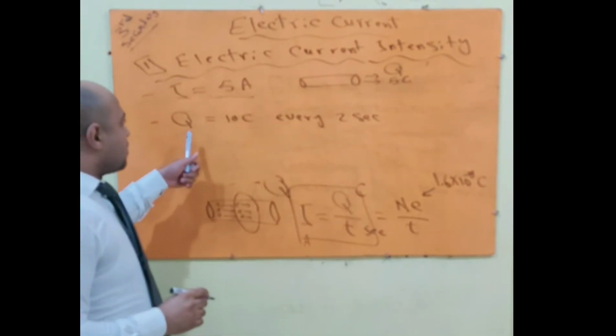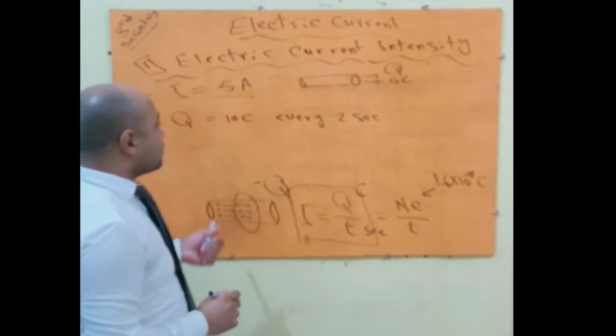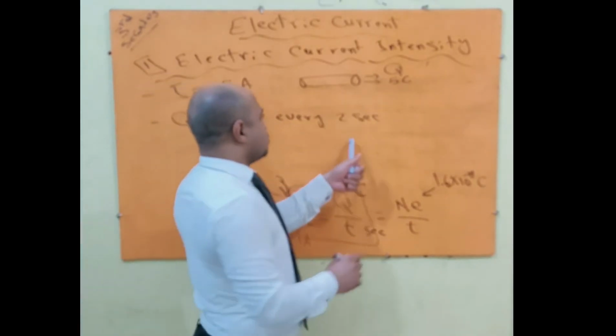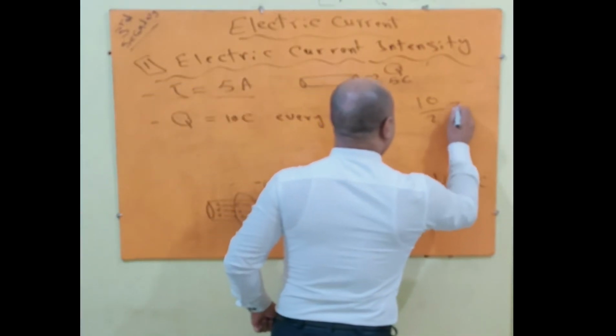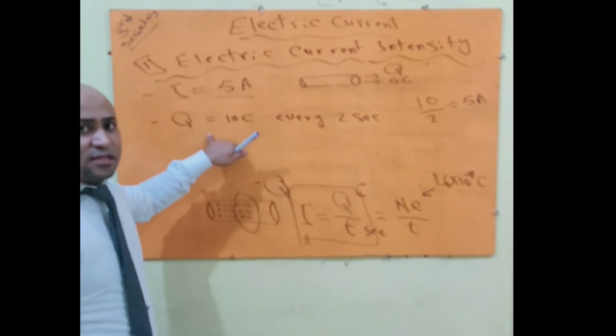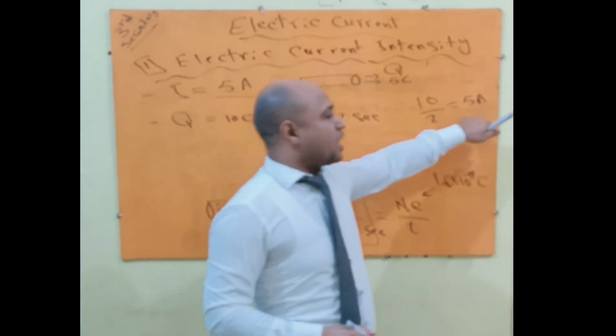Now we have quantity of charges and time. Electric current intensity equals quantity of charges divided by time, so 10 divided by 2 equals 5 ampere. So the electric current intensity that passes through the cross-section area of this conductor equals 5 ampere.